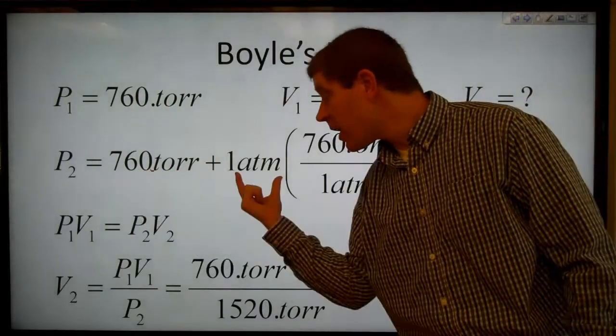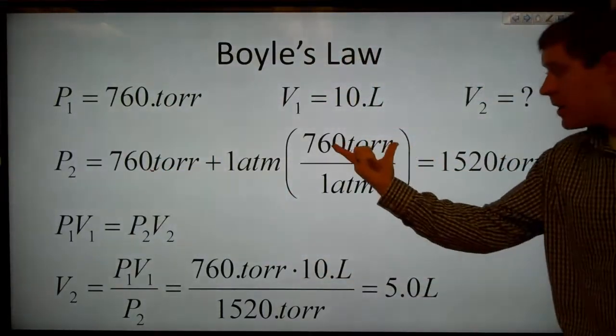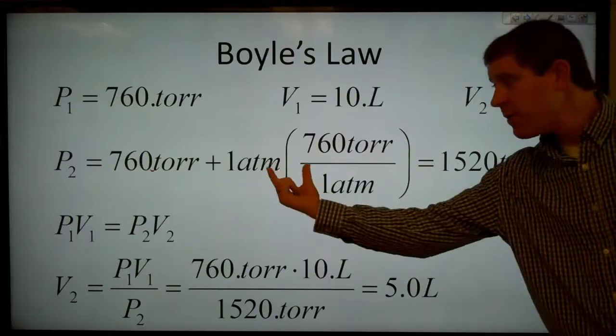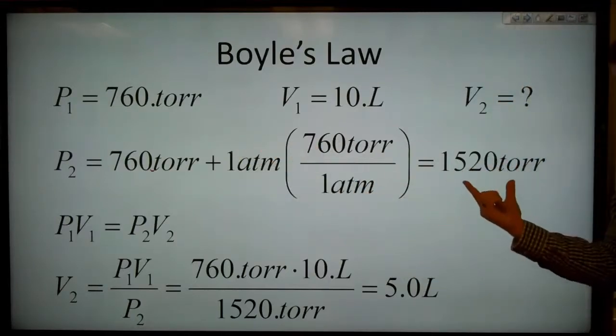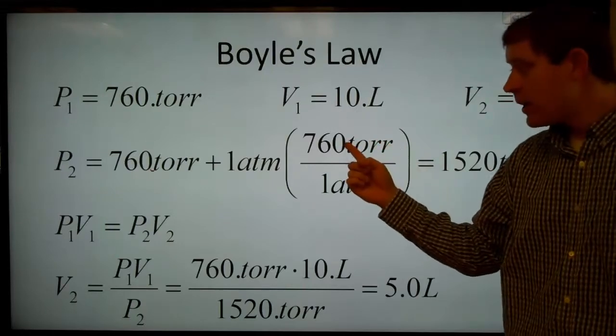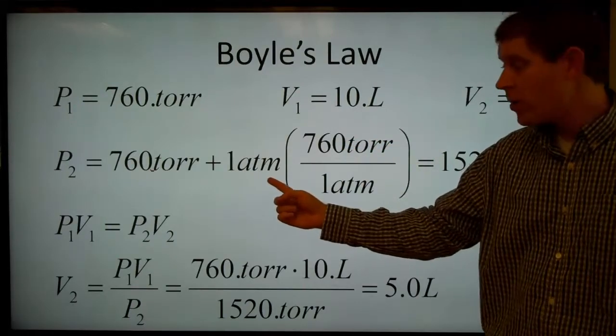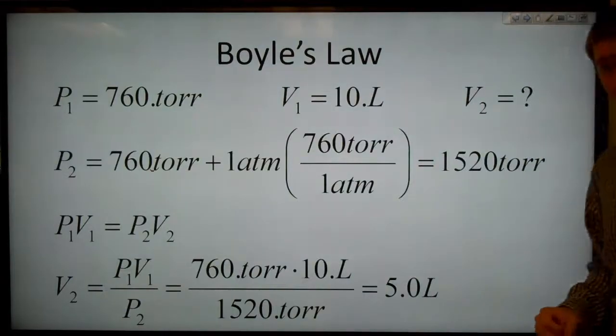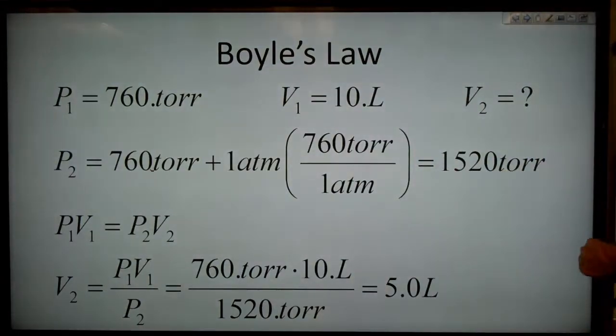And then here we have a conversion factor to turn atmospheres into torr, and that gives us 1520 torr, because 760 torr is the same as 1 atmosphere. So we have 2 atmospheres, or twice 760, which gives us 1520 torr.